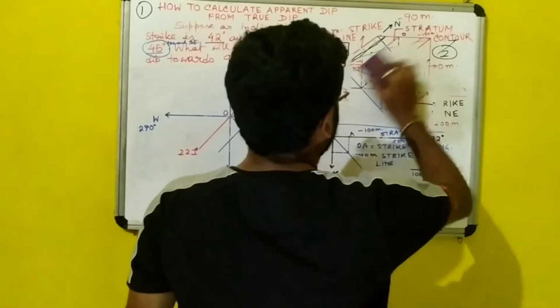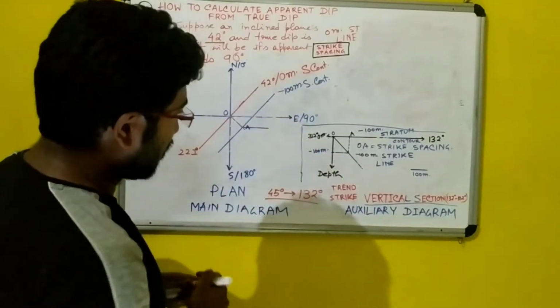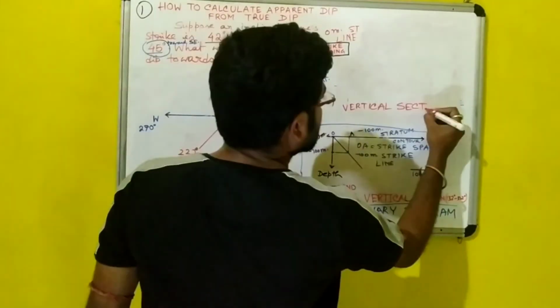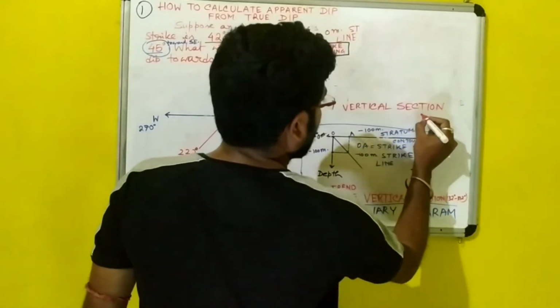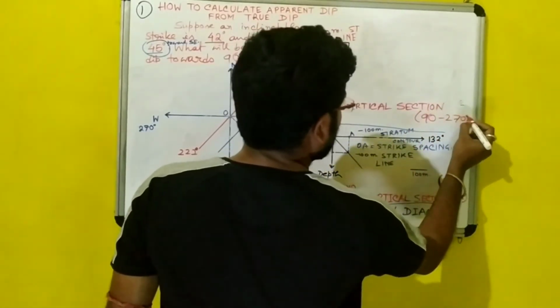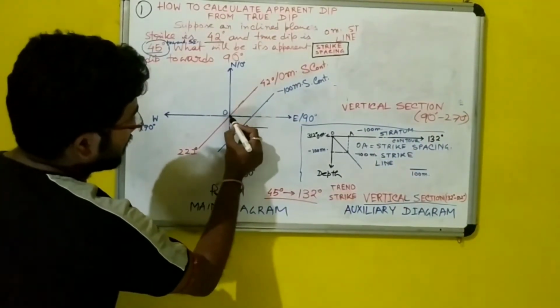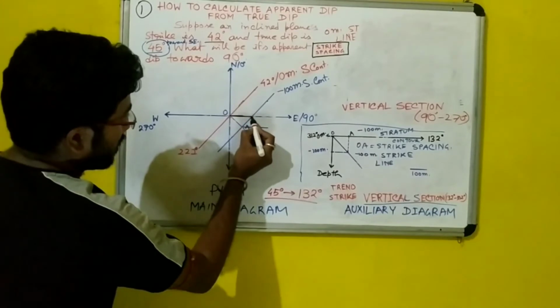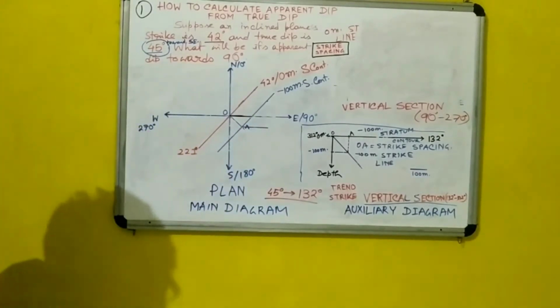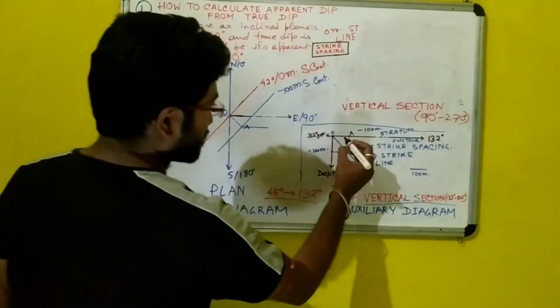Here the trend of the vertical section will be 90 to 270. Now I have the strike spacing along 90 degree, and I have to find out the apparent dip, just the reverse process.